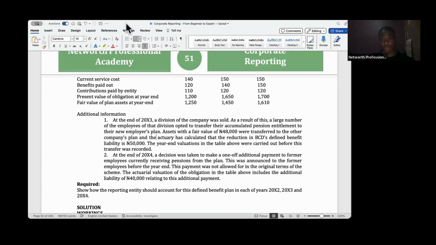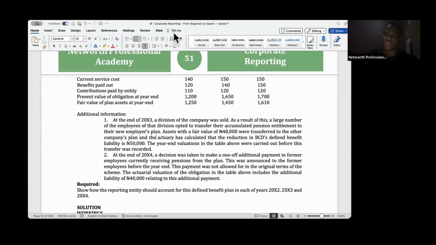So let me tell you. I hope I won't have to tell you again when you see it somewhere again, or in an assignment, or in your test when I give you a test. So this is a settlement. I mentioned that whenever there is a curtailment, you find out that there will be settlement.